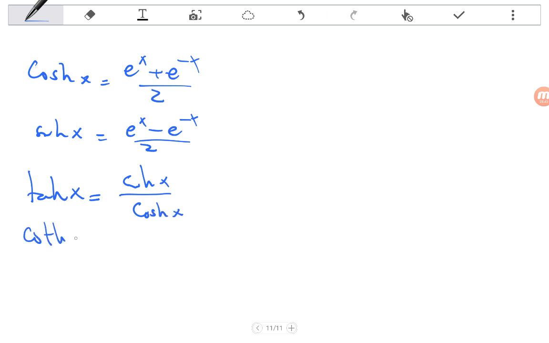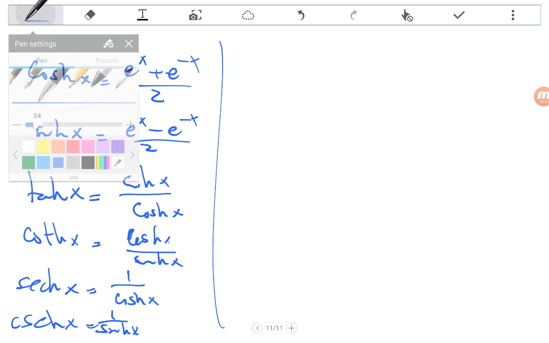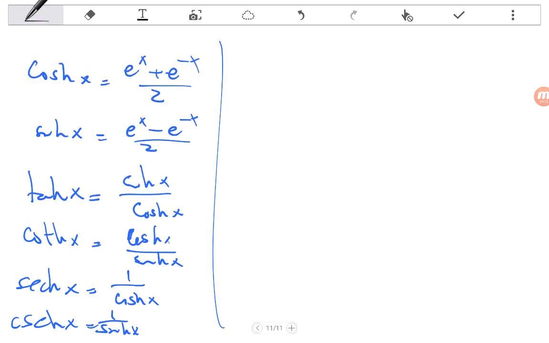What is coth x? It is cosh x over sinh x. What is sech x? It is exactly 1 over cosh of x. What is cosech x? It is 1 over sinh of x. So we have just six ratios, as we had in the trigonometric functions.